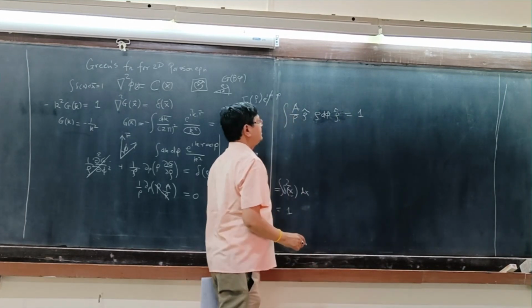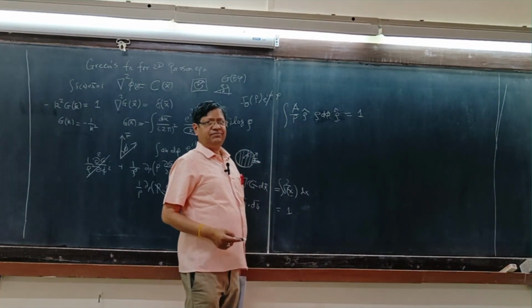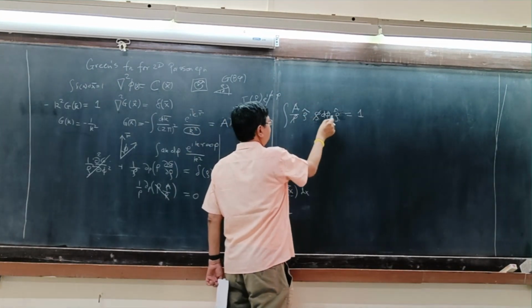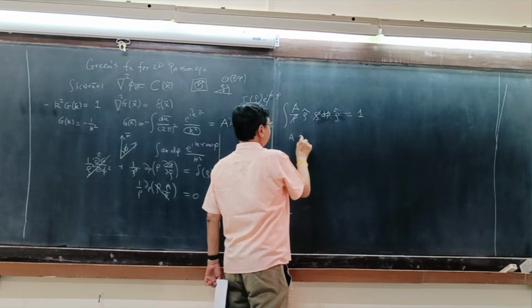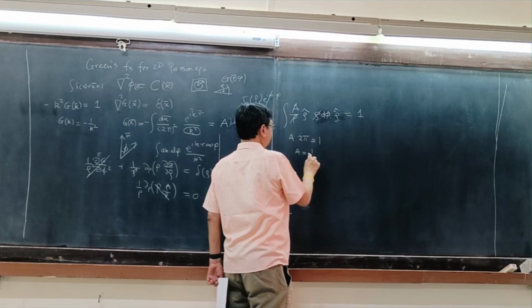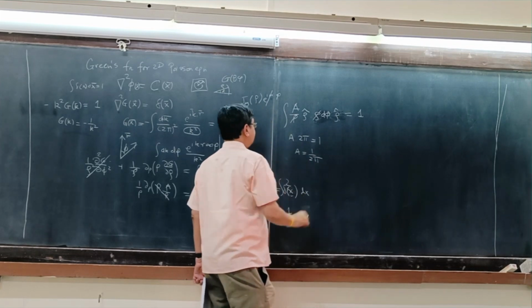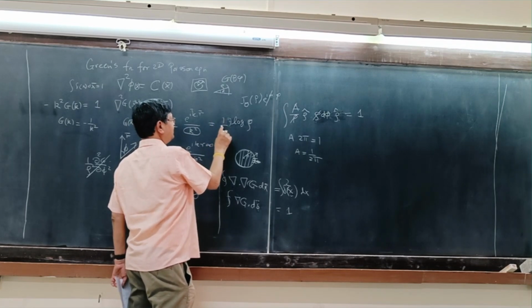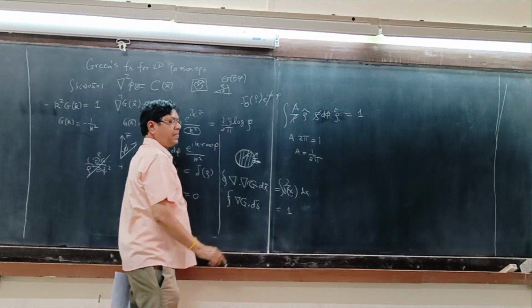So the right side is equal to 1. This rho cancels, rho cap dot rho cap is 1. A d phi gives you 2 pi, equal to 1. So A is equal to 1 over 2 pi. So my exact Green's function has A equal to 1 over 2 pi.